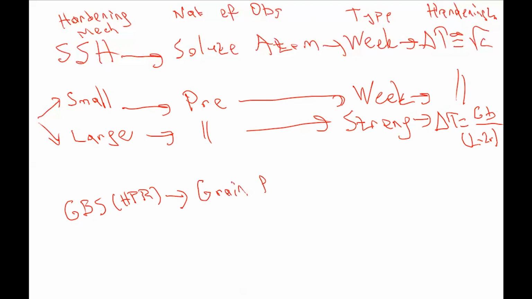Is it strong or weak? Like the more grain boundaries we have, the higher strength we have, hocam. Yeah, it is a strong type of obstacle, and tau is just proportional with the inverse of grain size. That is basically it for grain boundary strengthening.